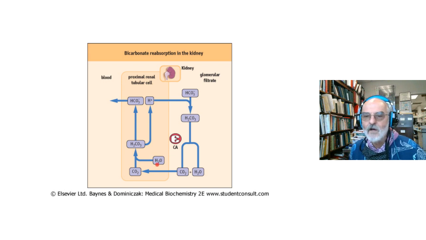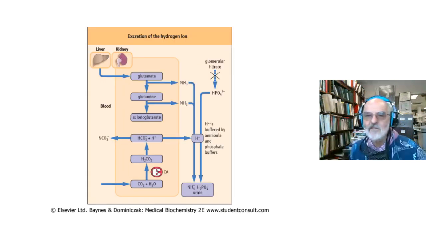That reabsorbed CO2 can make carbonic acid that then is broken down immediately into bicarb and protons, and that's what you reabsorb. And so there's an enzymatic cycle here of taking the bicarb, pulling it back into the renal tubular cells and reabsorbing it into the blood. So this reabsorption of bicarb is something that's regulated in the kidneys.